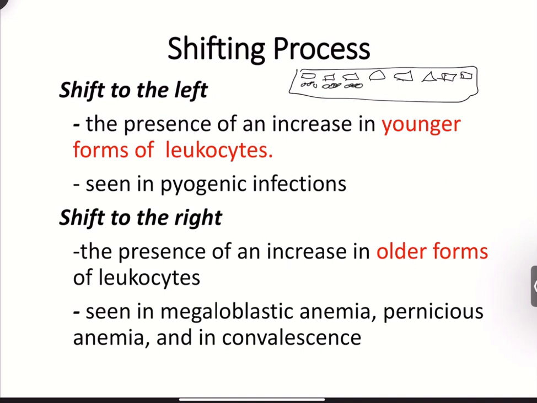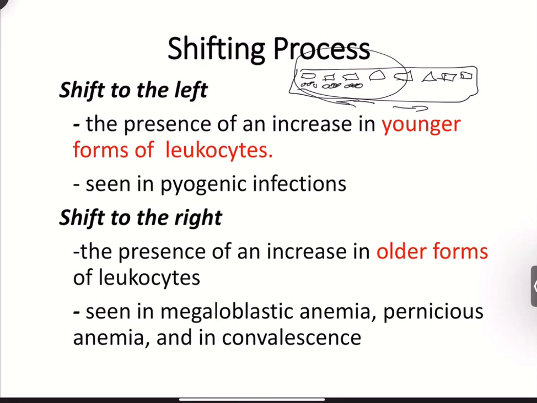Most of the cells on the left are younger cells. You will notice that. Then most of the cells on the right side of the differential counter are the mature or older forms. So when we say shift to the left, the numbers are increased on the left side of your differential counter.